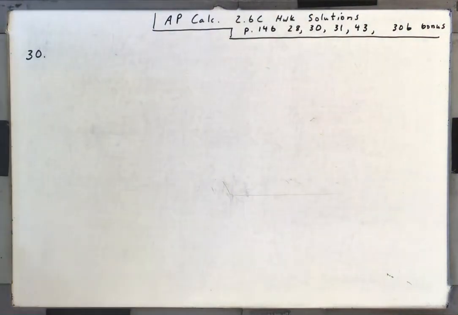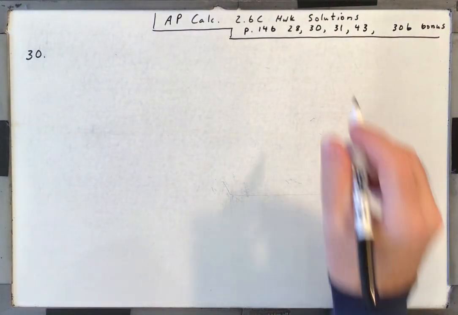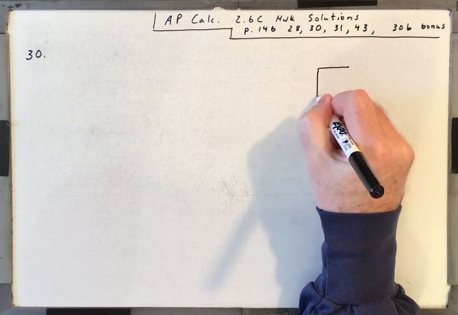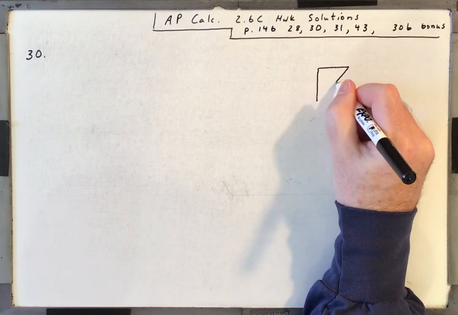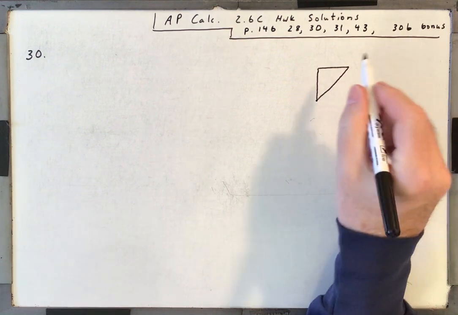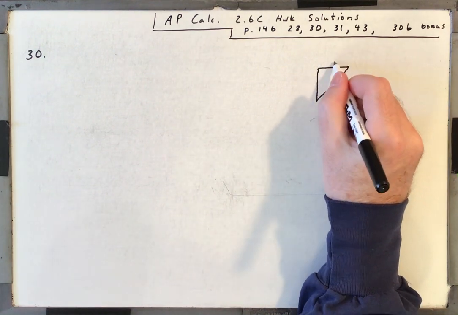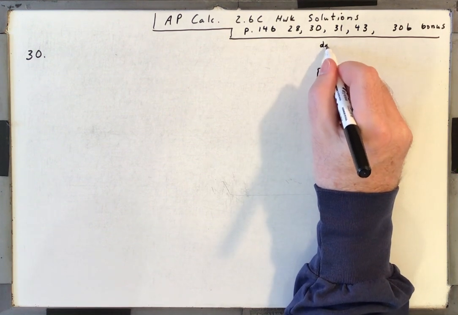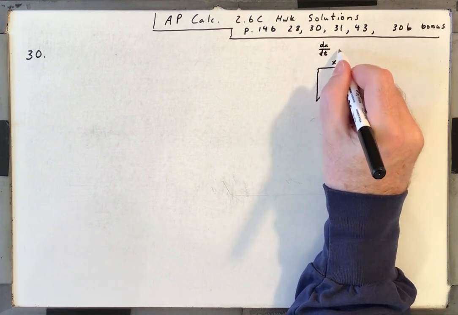So let's draw out a triangle. So I'm going to call this, the book calls it x, so we'll call it x. We want to know the speed of the plane, which is dx dt.